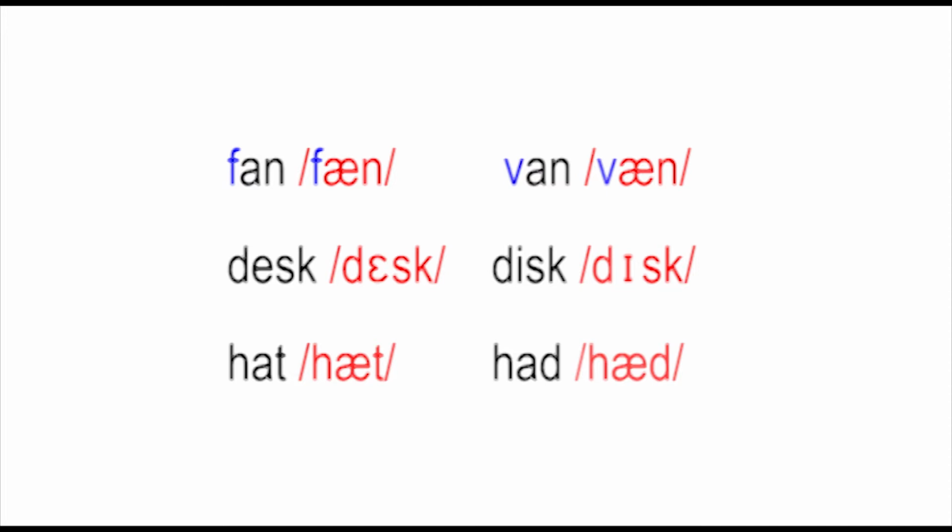And then dess and this, we can see there is a difference in the middle, in the vowel sound, the e in dess and the i in this. And then the third pair, we see that there is a difference in the last sound, that is t in hat and d in head.